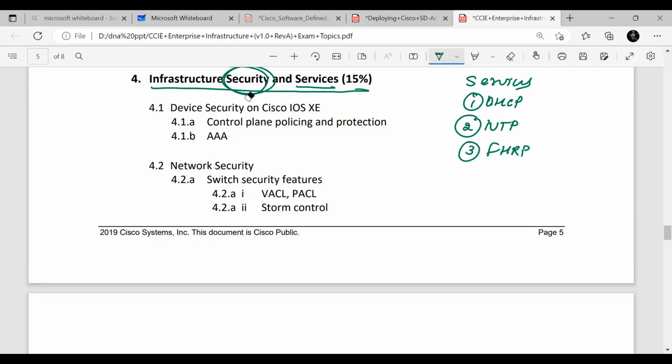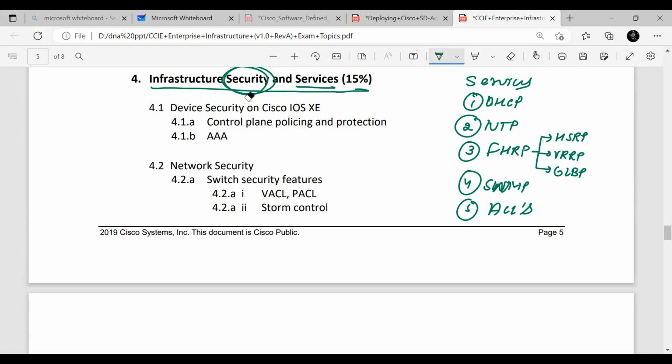Have you heard about FHRP? First hop redundancy protocol, in which we have HSRP, VRRP, and GLBP. Then you can have SNMP here, and you can have ACLs.